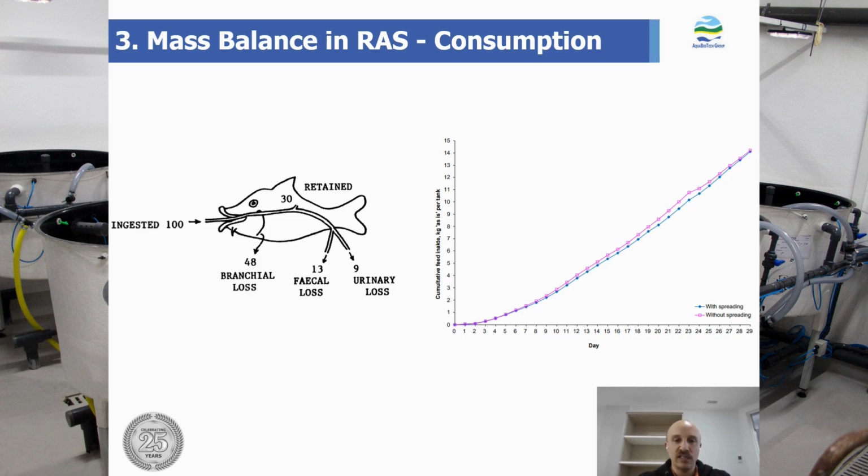This nitrogen is excreted by the fish as total ammonia nitrogen, which is a combination of ammonium and ammonia. Overall, we can say that the more we feed the fish, the more these fish are able to eat, up to a certain point. But this is more or less the trend that these fish have over the long term.